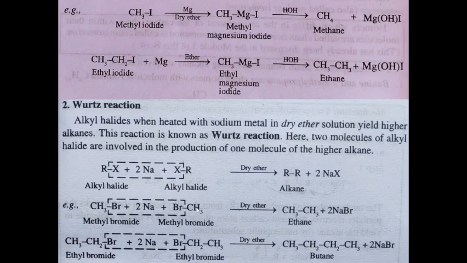So this is a symmetrical alkane, because when you divide here, 2 equal halves are obtained, but here you cannot divide. In this case you can divide, 2 equal halves will be obtained. That is what is called a symmetrical alkane. So this method is advisable for making symmetrical alkanes. Methane cannot be prepared by this method. So these are all the limitations of Wood's method.